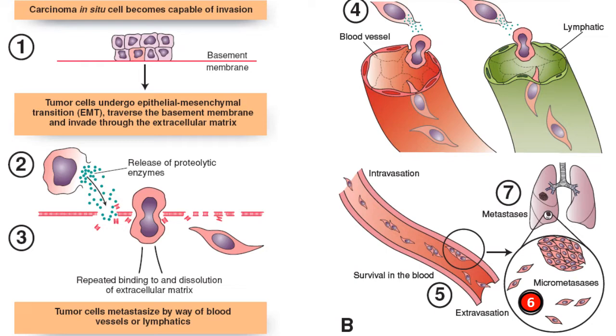It exits as it entered the vessel, through degradation. It also exits through degradation of the vessel wall, basement membrane, and then extracellular matrix, and leaves the vasculature at the destination or the destiny of this tumor. These micrometastases now grow into gross metastasis or metastatic tumor.